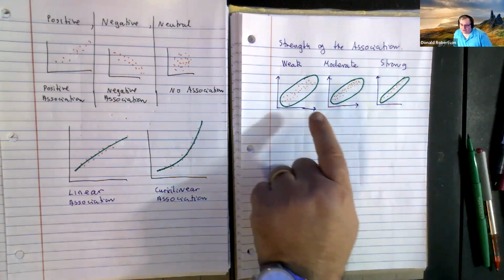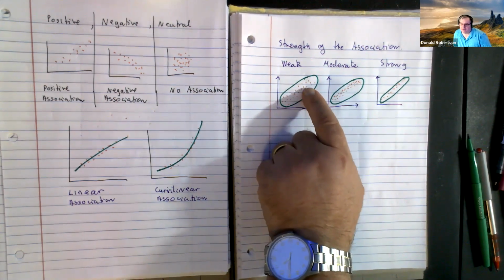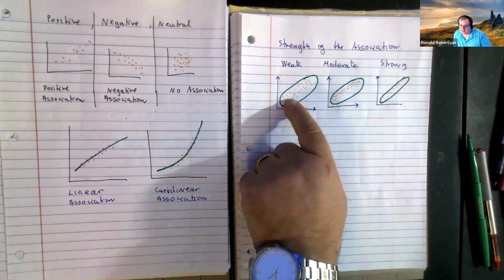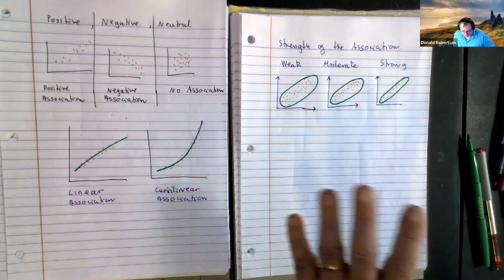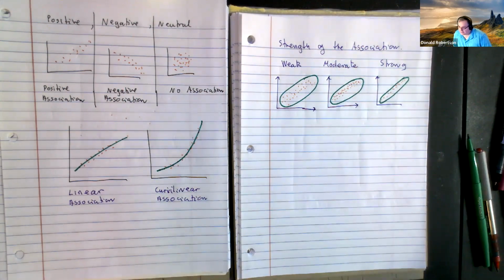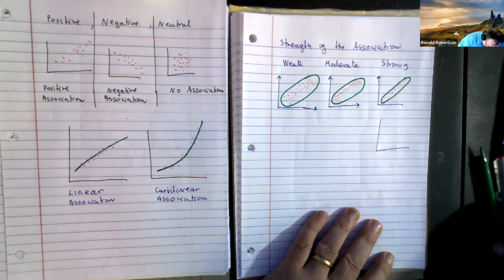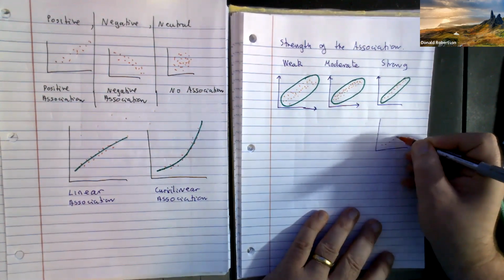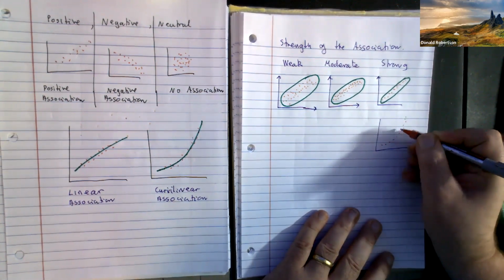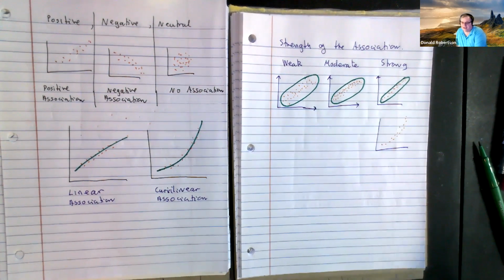Now, the ones I've done are moderate, weak, and strong linear, right? But couldn't you also have curvilinear in the same situation? So just for one example, a really strong curvilinear might look something like this. Would you agree that's nice and curved and pretty tight, right?